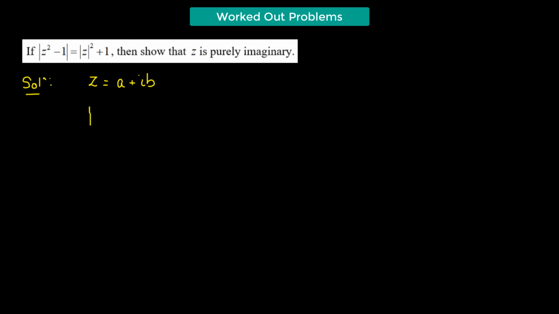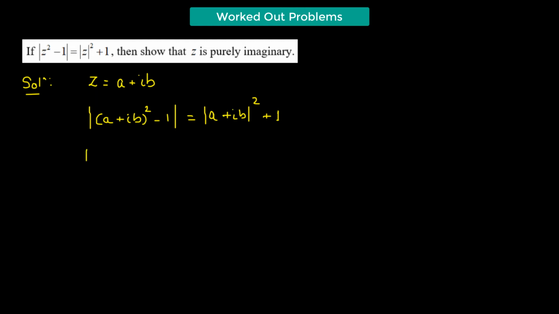So we have a plus ib whole squared minus 1 is equal to the mod of a plus ib squared plus 1.